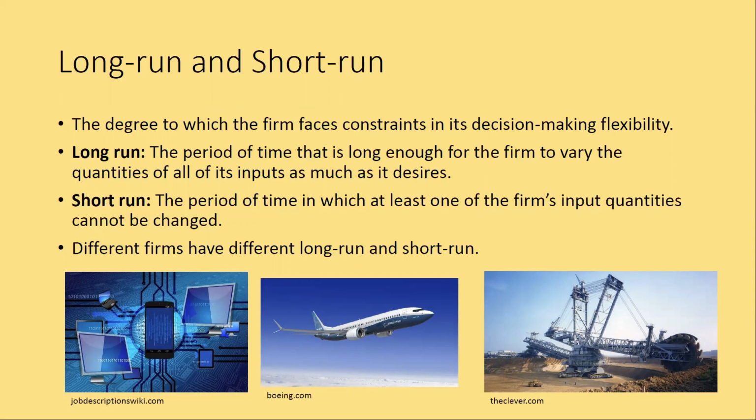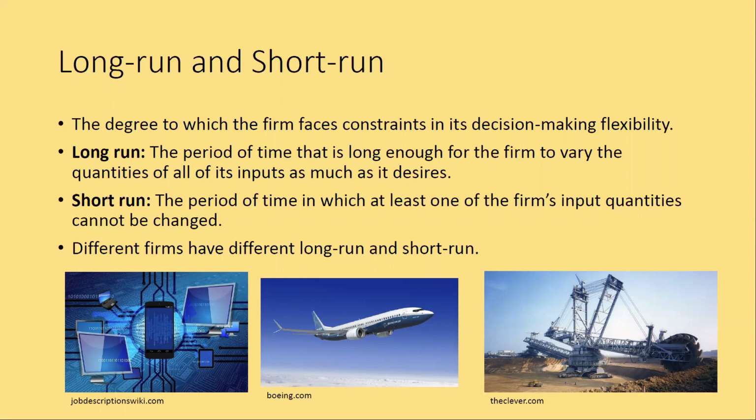For example, if we think of a tech firm that hires software engineers to develop programs, then to expand its capital, which are mostly computers or high performance servers, well, those can be ordered and delivered in possibly weeks or maybe a few months at most.